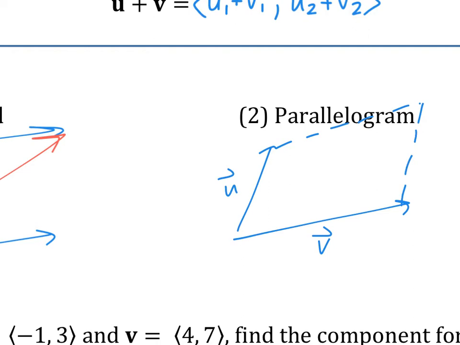And this one, the resultant vector, you see how in the beginning your two vectors' tails are pointing together? You're going to start from here and then draw a straight diagonal to the other side. And this is u plus v. Again, please make sure you're pointing in the right direction. The arrow is important.